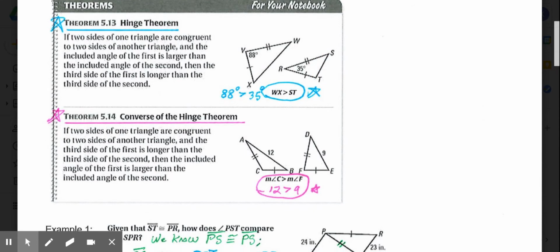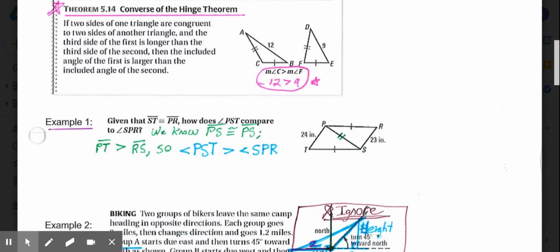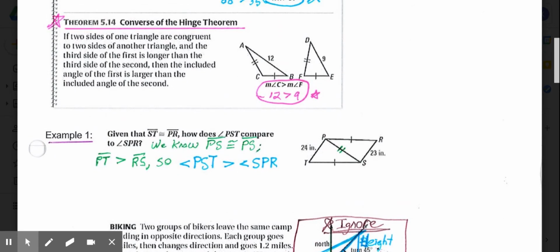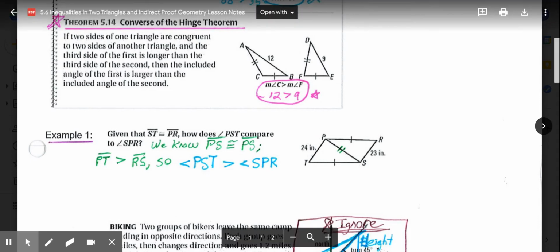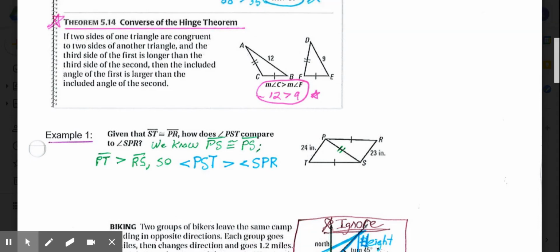Then we have theorem 5.14, the converse of the hinge theorem, which states if two sides of one triangle are congruent to two sides of another triangle, and the third side of the first triangle is longer than the third side of the second, then the included angle of the first triangle is larger than the included angle of the second.